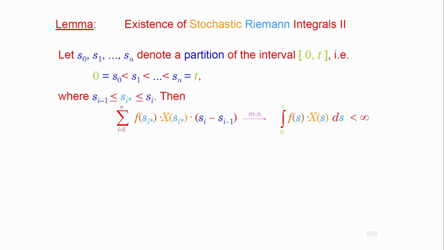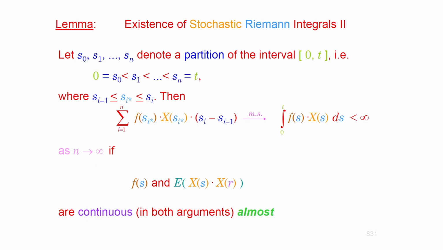Now, as the number of subintervals is increased in the partition, if the deterministic function f(s), and the expectation of the products, in both arguments, are continuous almost everywhere, then, and that's simple, and I'm going to base that statement on the previous one, which is also equivalent, the function in the double integral that you just saw is going to be Riemann integrable.